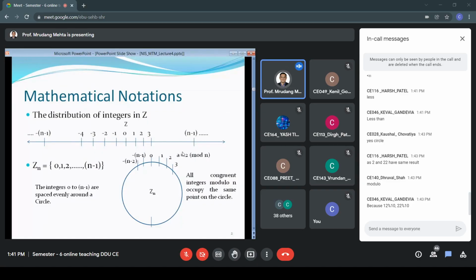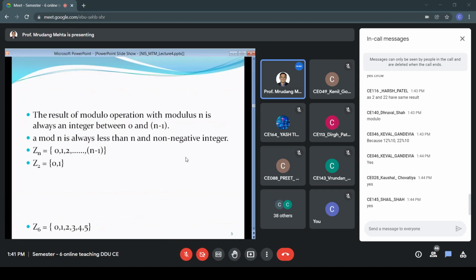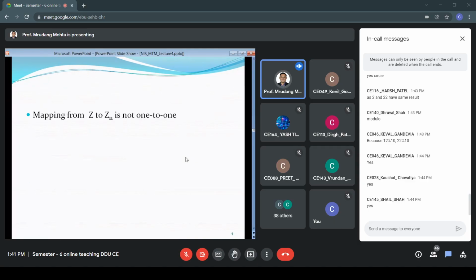All the answers map to A. Right? So it is not equal to, it is congruent. Is that clear to all of you? The meaning? Right? So we say that congruent mod 10.